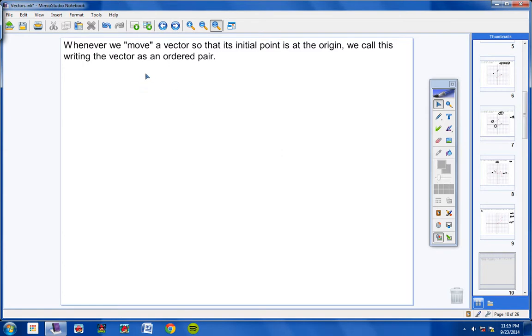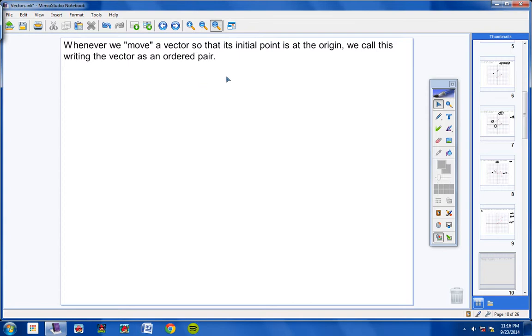Whenever we move a vector so that its initial point is at the origin, we call this writing the vector as an ordered pair. Now, we really don't call it that. In pre-calculus, we call it component form. But in this class, or this textbook, they use the phrase writing the vector as an ordered pair. So that's what we're going to call it. So make note of this in your notes.